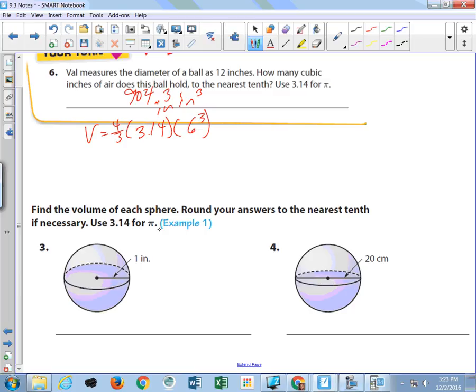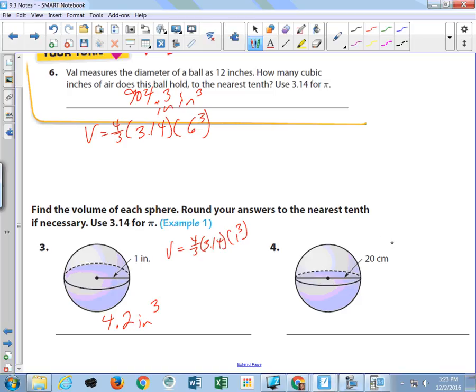All right, next problem. Find the volume of each sphere, round to the nearest tenth. V equals 4/3 times 3.14 times the radius cubed, which is 1. So that's just 4 divided by 3 times 3.14. We don't have to put the 1 cubed in there because 1 cubed is 1, and 1 times anything is whatever that is. You get 4.16, which is 4.2 inches cubed.